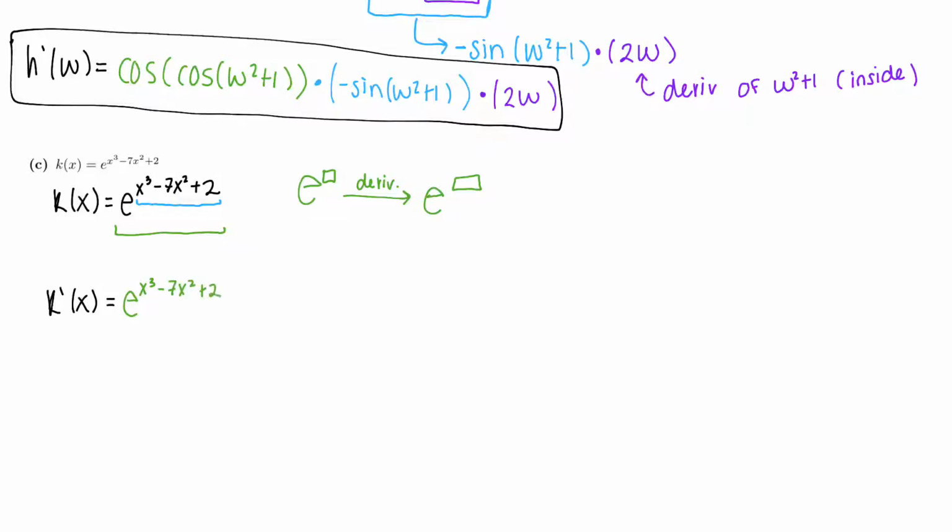But now, because there's stuff in the exponent that's not just x, we take the derivative of the exponent and we multiply it down here. So the derivative of the exponent, just using power rule, is 3x squared minus 14x.